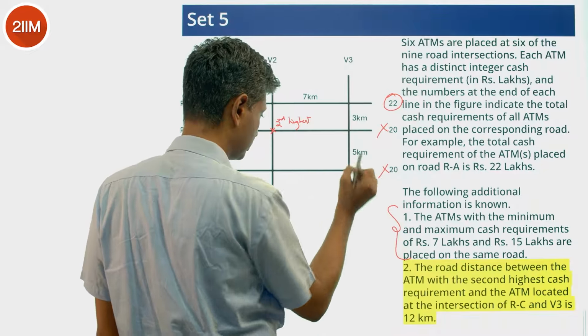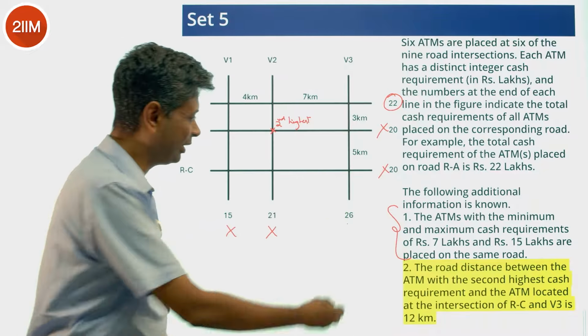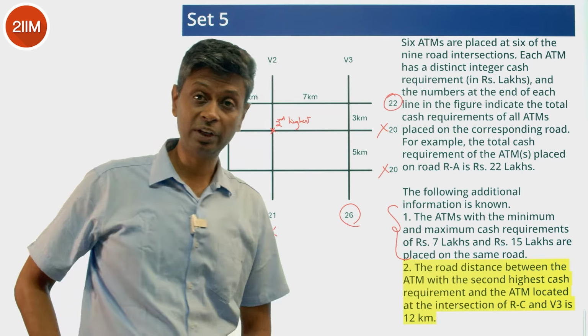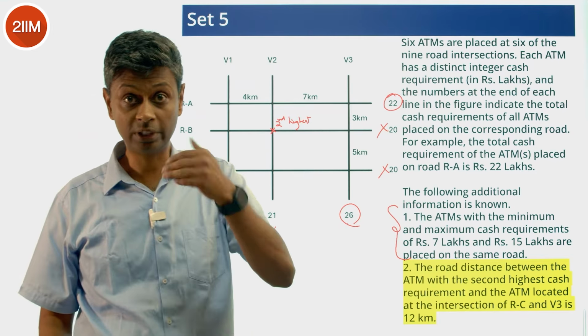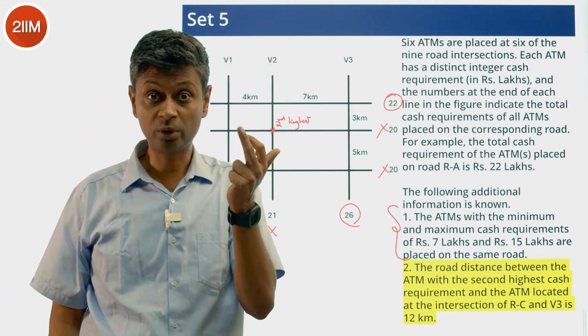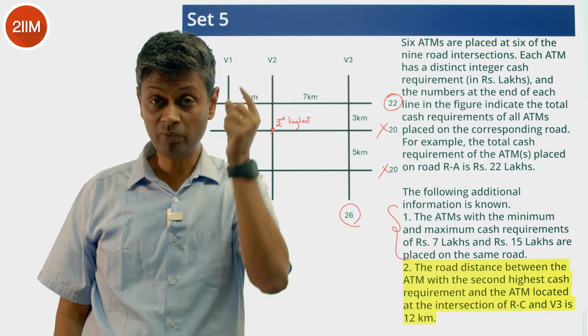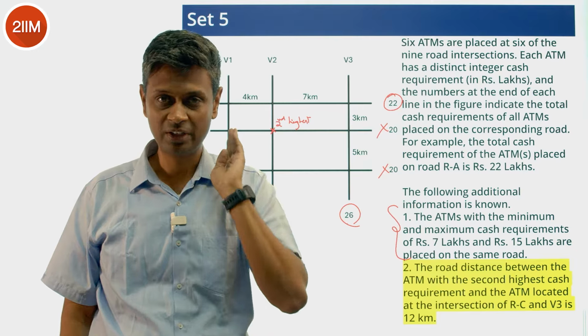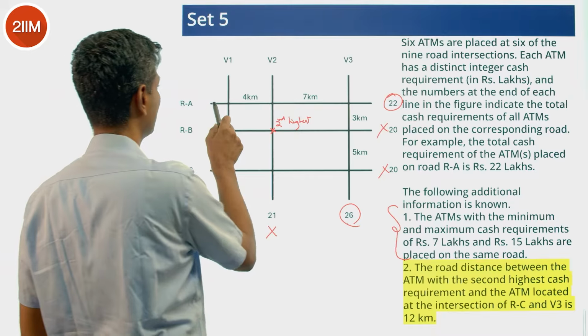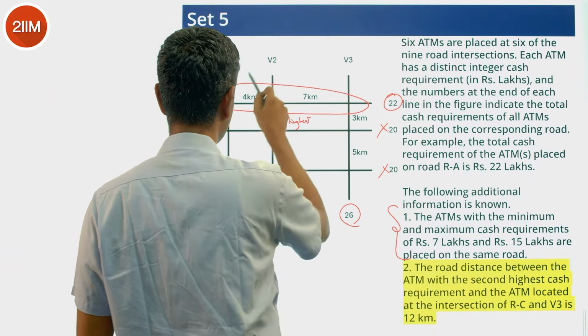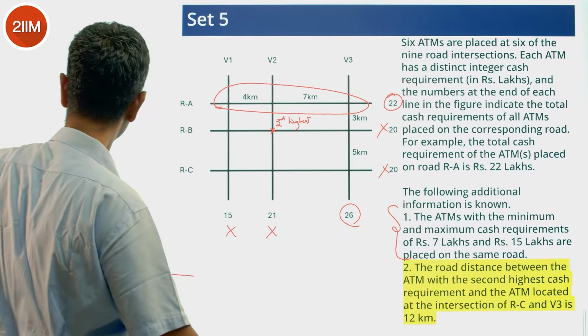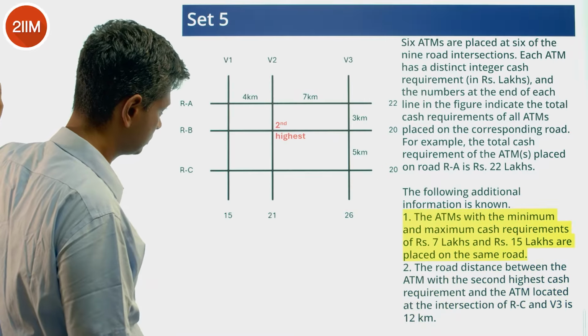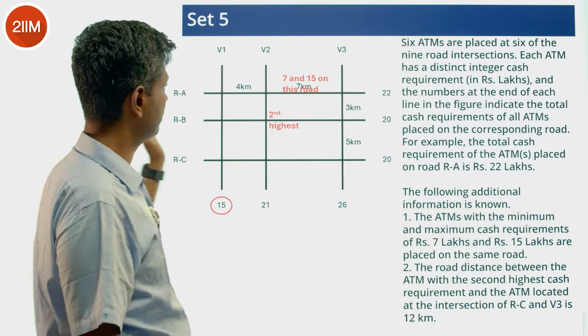Either here or here. Cannot be here because if 7 and 15 were there, then the third one, if there is a third one, has to be 4, since 7 plus 15 is 22. Minimum will become 4, but the minimum is 7. So 7 and 15 are in this row. RA has 7 and 15 in it. 7 and 15 are on RA.